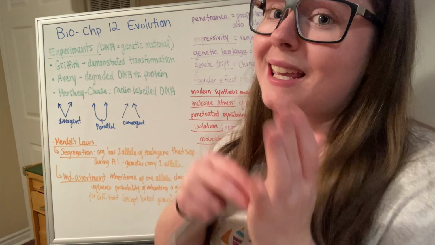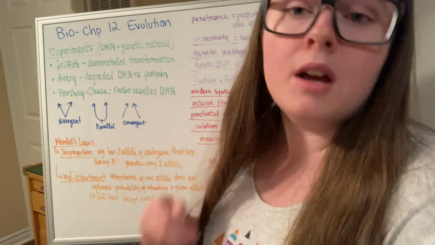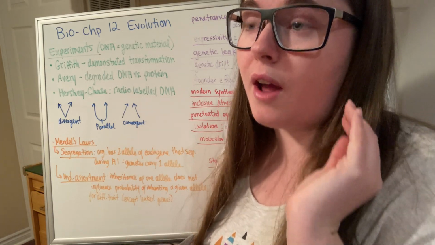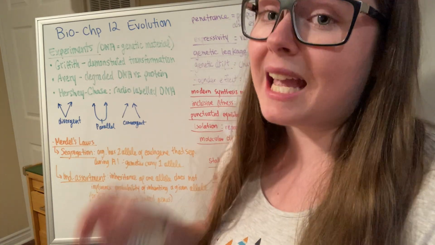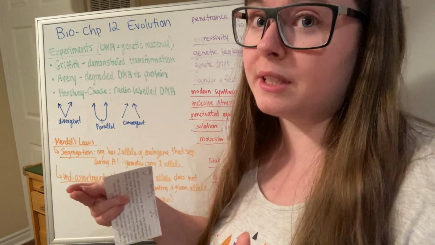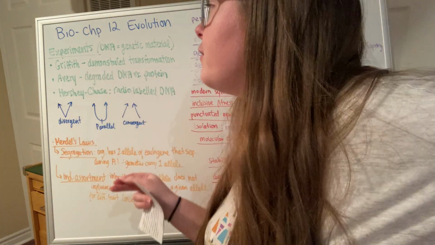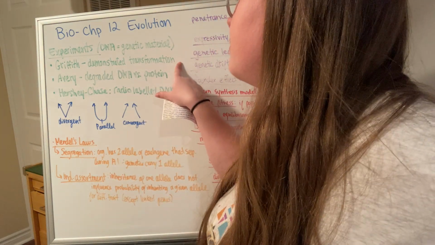Then he put a heat-killed virulent strain in the mouse, it stayed alive. However, when he took the non-virulent strain and the heat-killed virulent strain, that mouse actually died too. And so what he concluded from that was transformation.